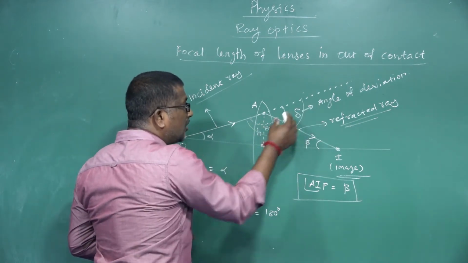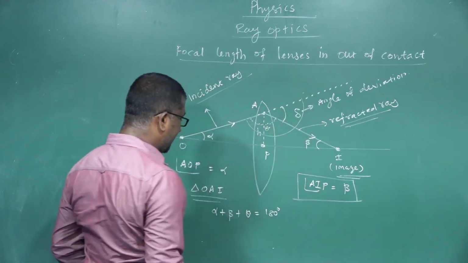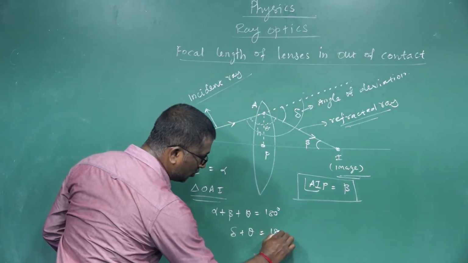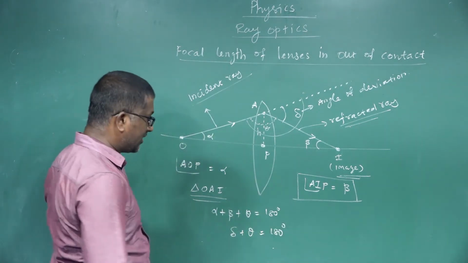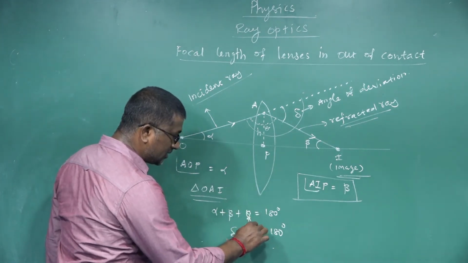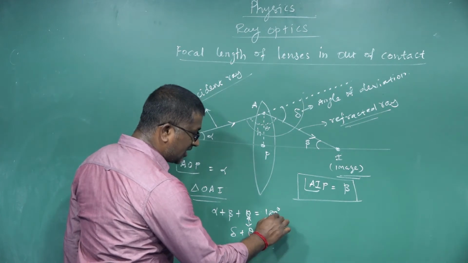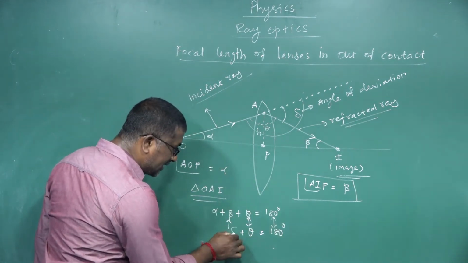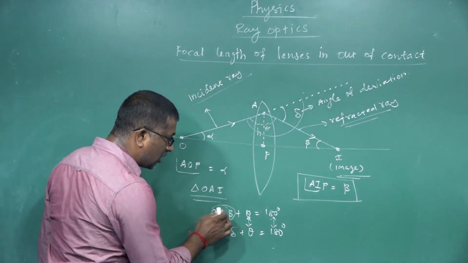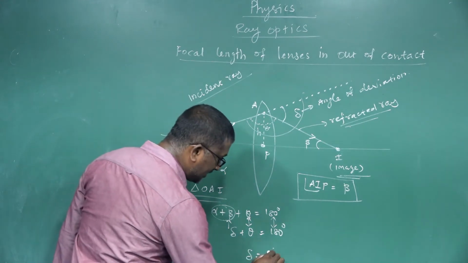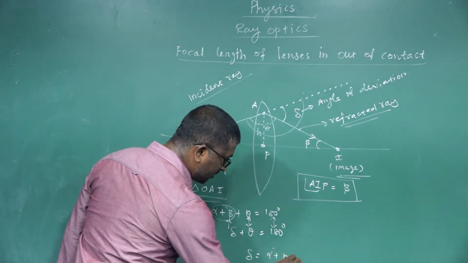So del plus theta is equal to 180 degree. Now comparing these two equations, theta is common and 180 degree is common, so we get del is equal to alpha plus beta.